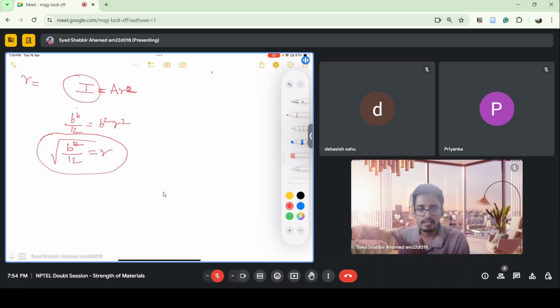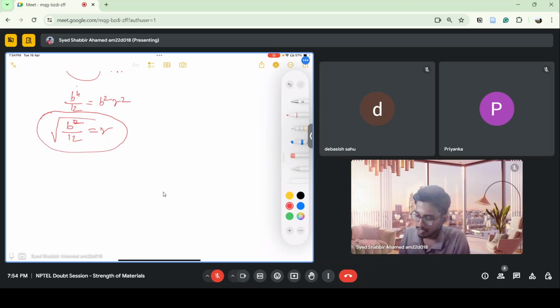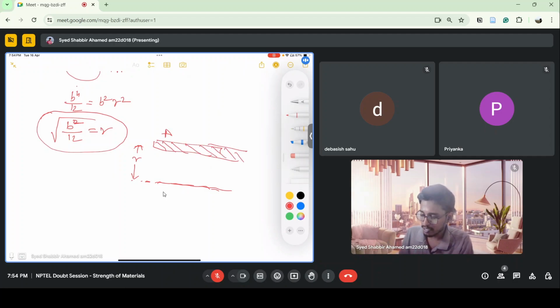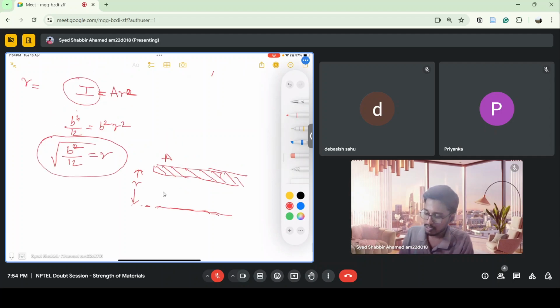Radius of gyration is not a physical thing. You can just imagine, if I take all the material of the square and put it at a distance of r from the axis about which I am calculating the area moment of inertia, then I'll get a moment of inertia equal to the moment of inertia of the section which we have, b power 4 by 12.